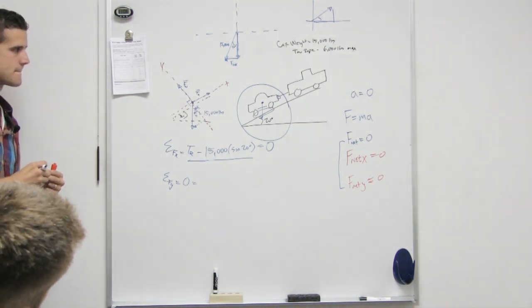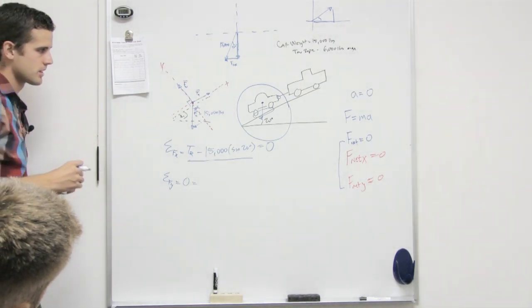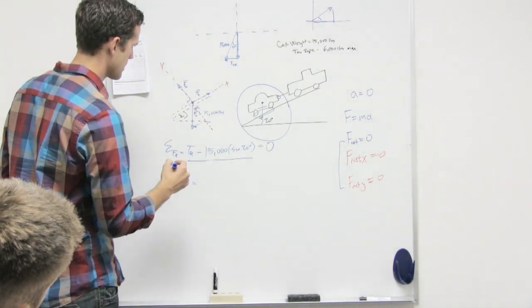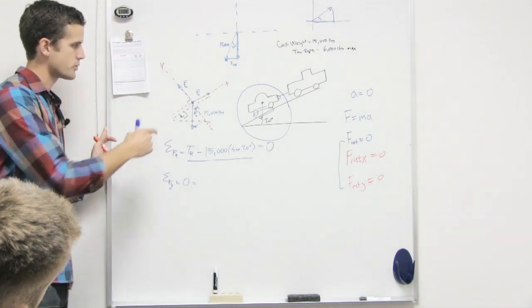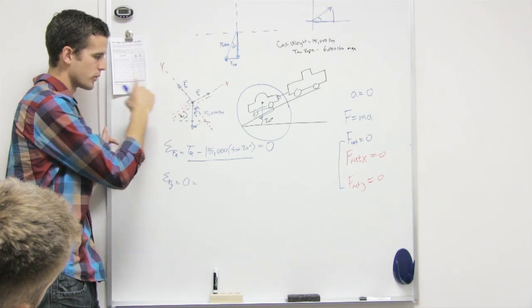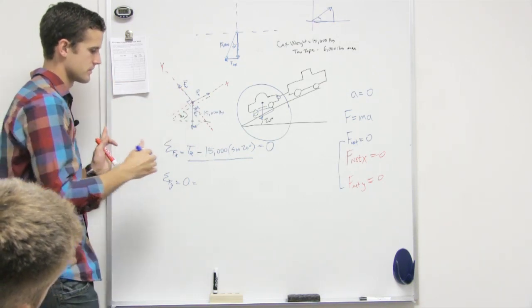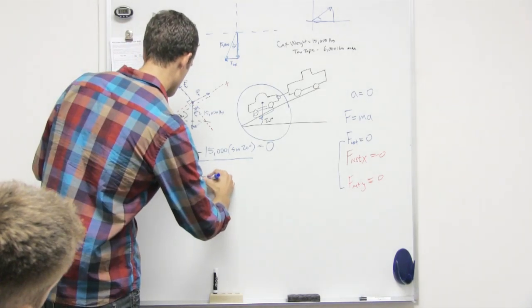It would be 15,000 TR. So you just want to look at the ones on the x-axis? So this is the normal force. So Fn. Force normal.